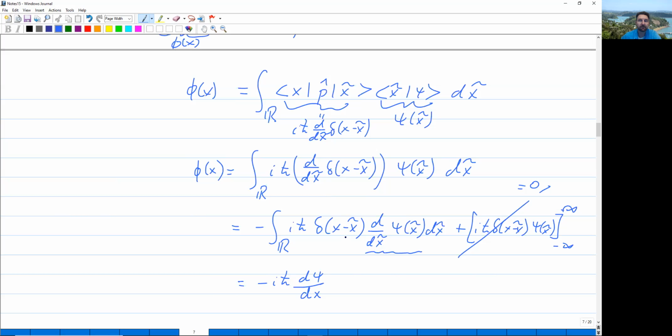We simply have that this is minus i h bar d by dx of psi of x. It's not x tilde, it's x, because the Dirac delta has chosen among the integration values of x tilde the one where it matches the x.